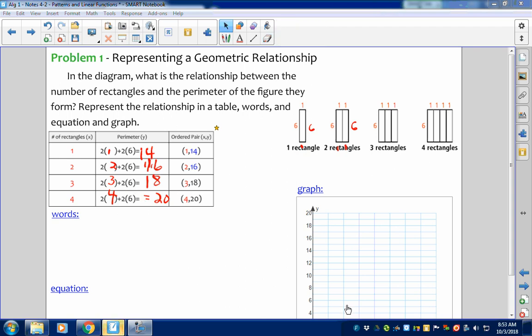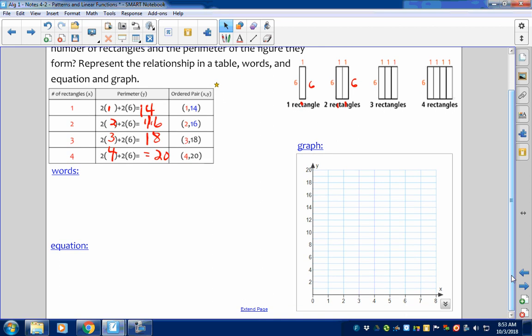So in words, what's happening? Each time I add a rectangle, what's happening to the perimeter? Yeah, by what?